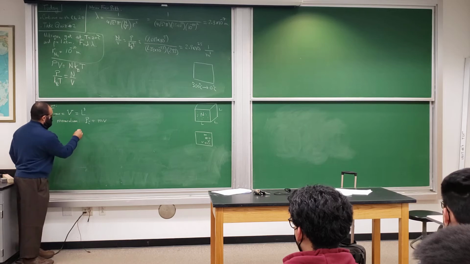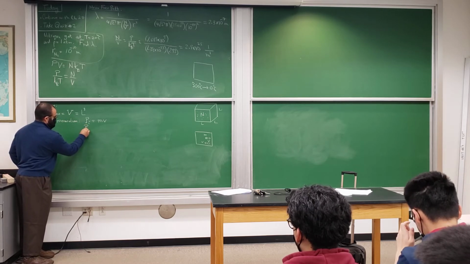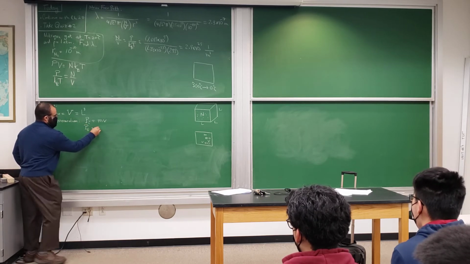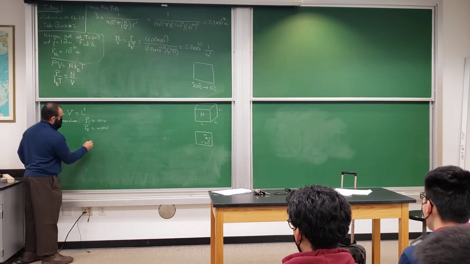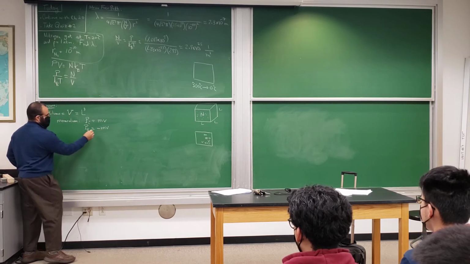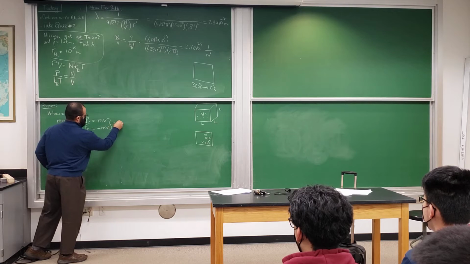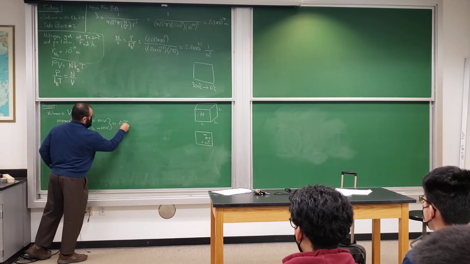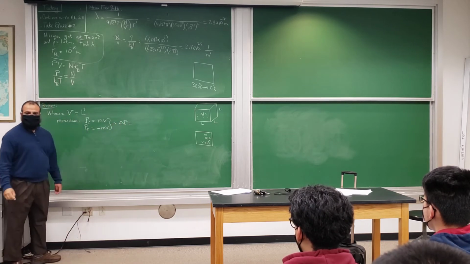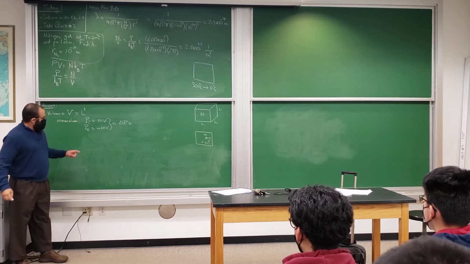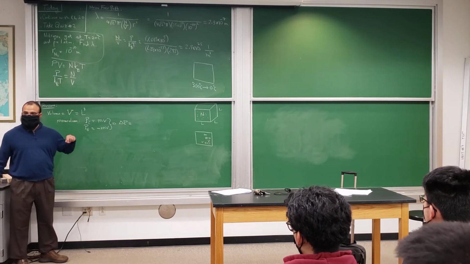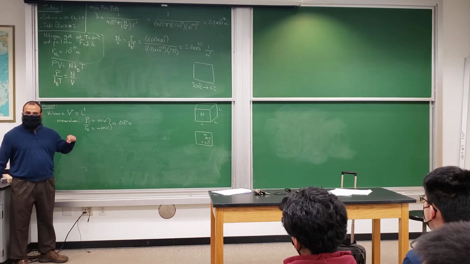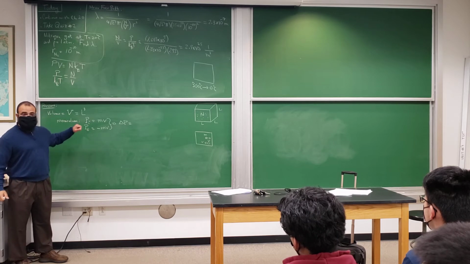And then P final is negative MV. So the change in momentum, delta P, is equal to what? Yeah, it would be negative 2 MV, right?